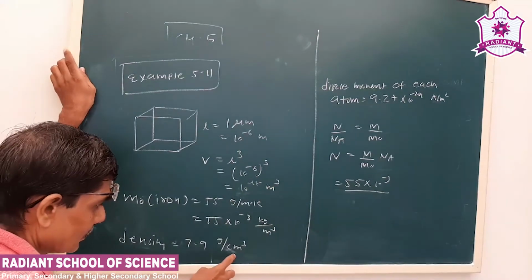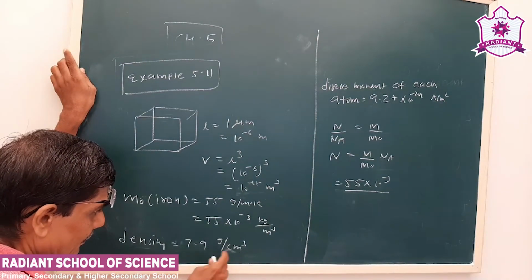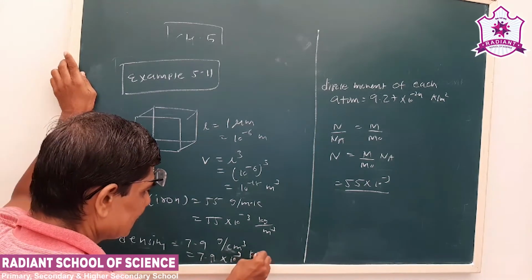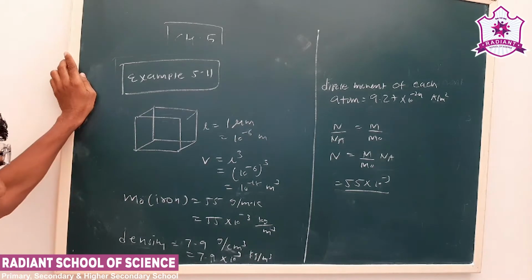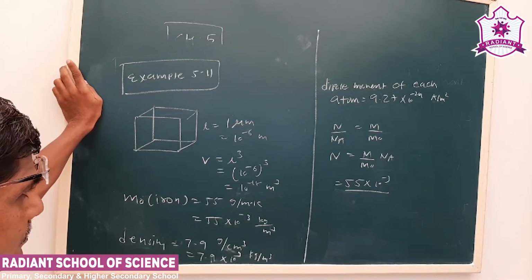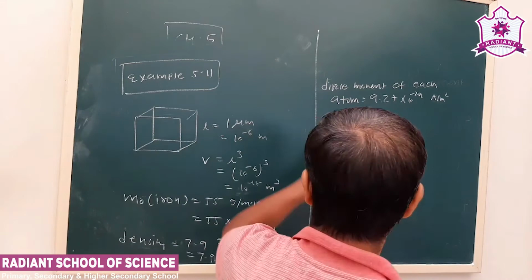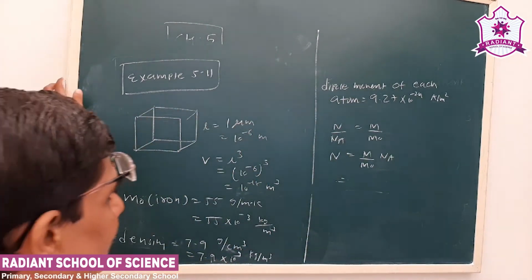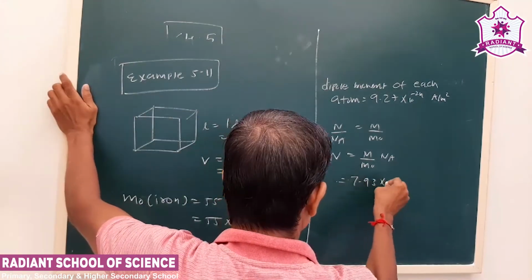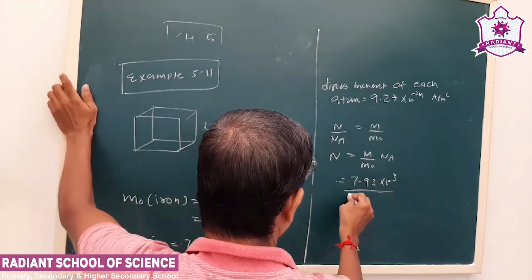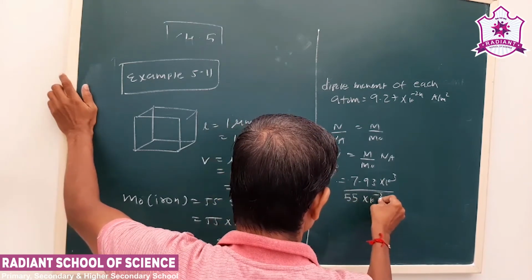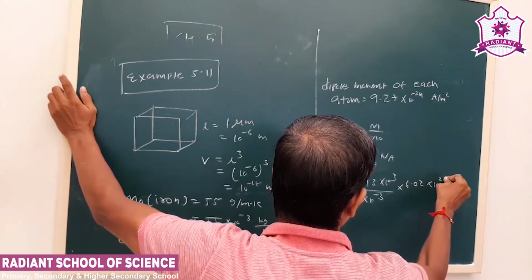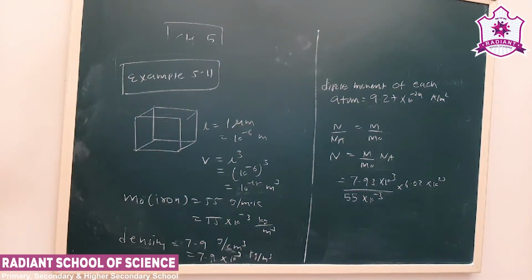See, gram per centimeter cube to kg per meter cube, that we have studied in the dimensional analysis. This mass is the mass contained in a unit volume, so that will be 7.93. M0 is the molecular mass 55, Na is 6.02 into 10 to 20. Now, you try to calculate this value.